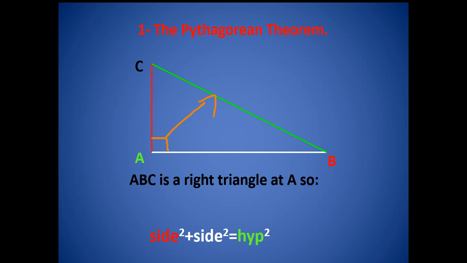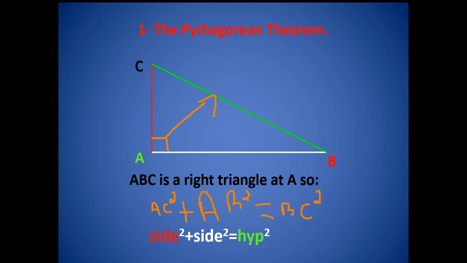Side squared plus side squared equals hypotenuse squared. Here, if I look at this figure, I can write the relation using the letters: AC squared plus AB squared is equal to BC squared. So Pythagoras helps me to find missing sides.